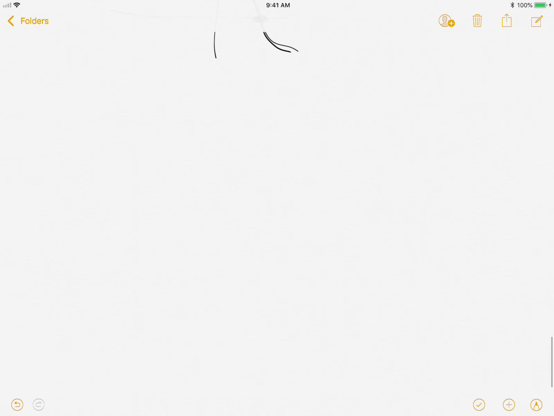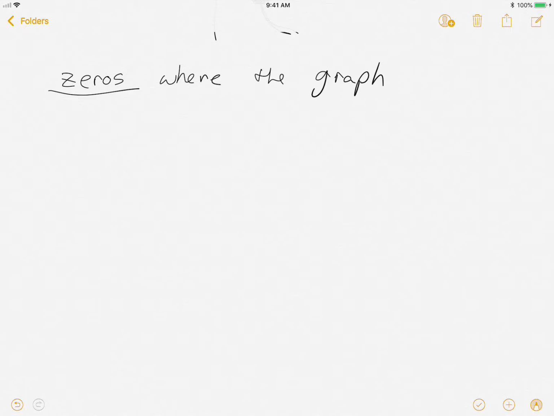Okay. So let's talk about everything we've talked about. Zeros is where the graph crosses the x-axis. Okay?